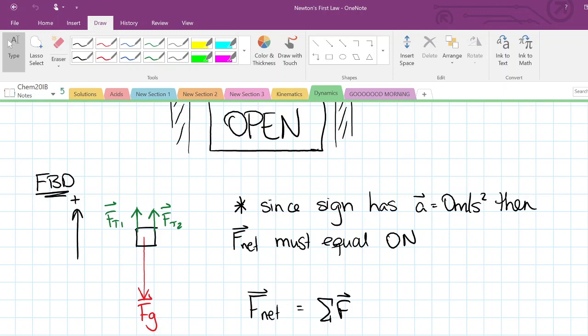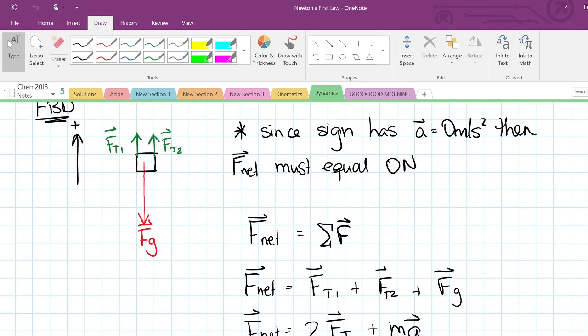Net force is always equal to the sum of the forces acting on the particular object. In this case, the forces acting on the open sign are the force of tension on the one cable, the force of tension on the second cable, and gravity. So I rewrite this statement as force net equals force tension 1 plus force tension 2 plus force gravity.